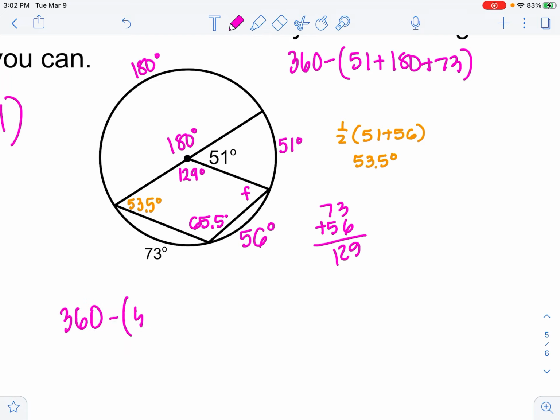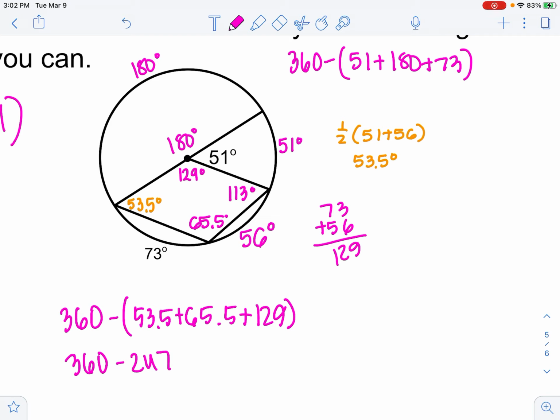So I'm going to add 53.5 plus 65.5 plus 129. That gives me 247. So I'm going to do 360 minus 247, which is 113 degrees. So angle F is 113 degrees. And now I have them all.